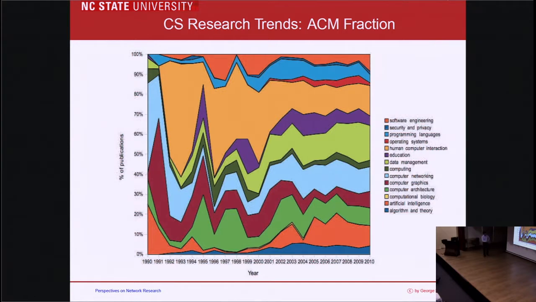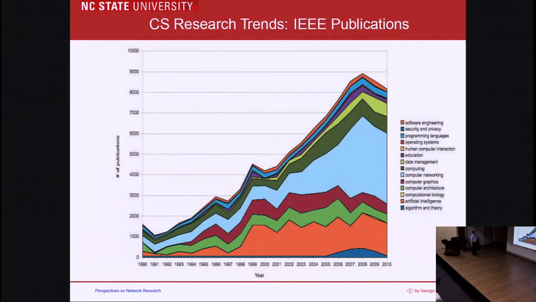For example, artificial intelligence is very important. Data management, you can see how it became important in the last few years. And let me see, human-computer interaction used to be very popular, not so much today, okay? That's from ACM. Let's see what IEEE shows, because most networking papers actually appear in IEEE publications. So look at this, same color coding, okay?